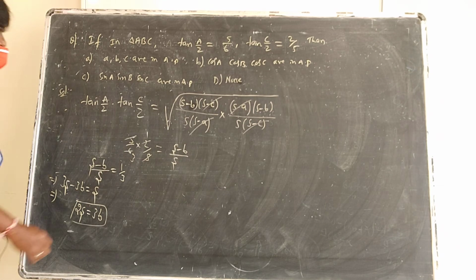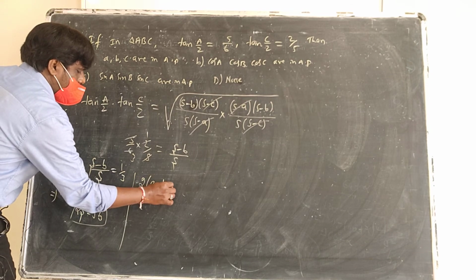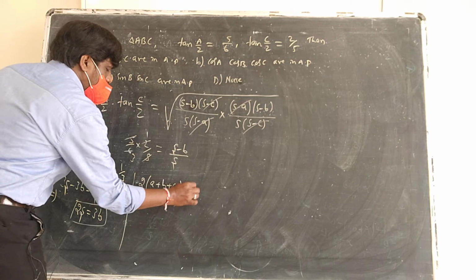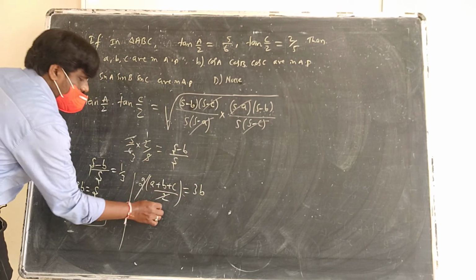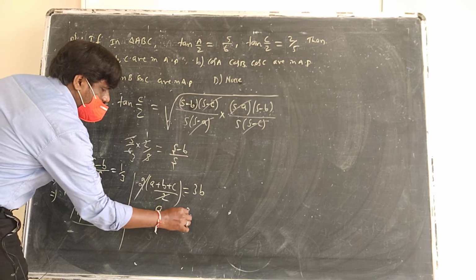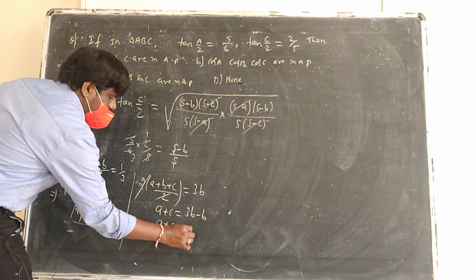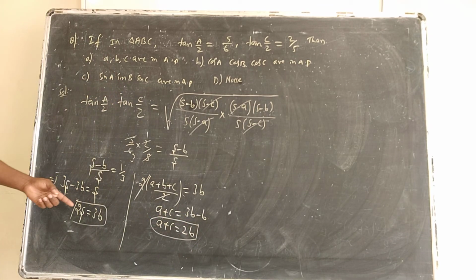So what is the S value? 2 into S, which is (A plus B plus C) divided by 2, is equal to 3B. This 2 cancels out. So A plus C is equal to 3B minus B, so A plus C is equal to 2B. So these are in AP. That is, A, B, C are in AP, option A is correct.